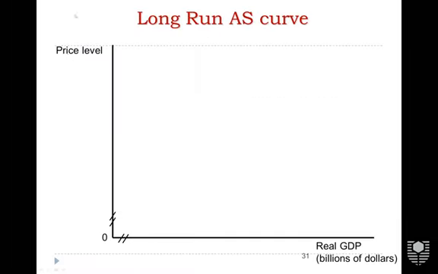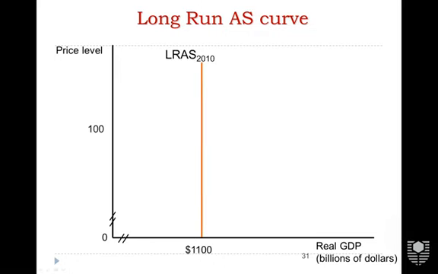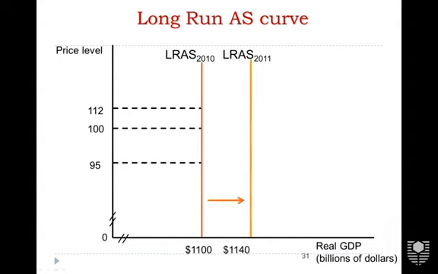We take the price level here and the real GDP on the other axis. So this would be the long-run aggregate supply curve in 2010. We are producing 1,100 billion dollars worth of GDP in the economy, and the price level is, say for example, 100, and whatever happens to the prices, the long-run aggregate supply curve remains constant.